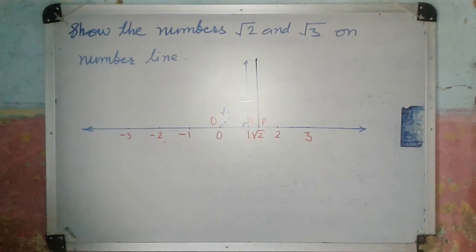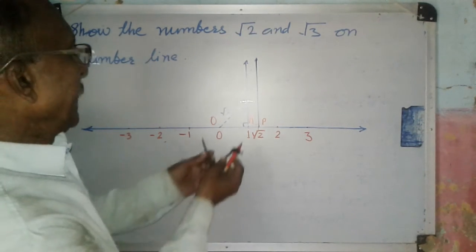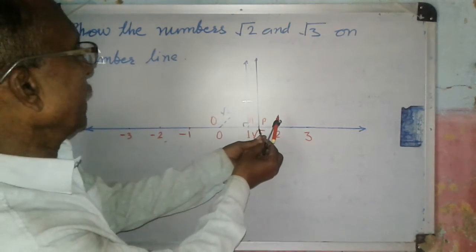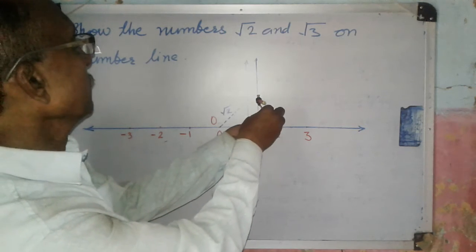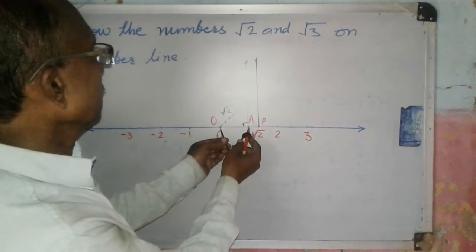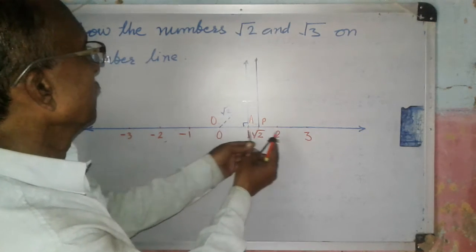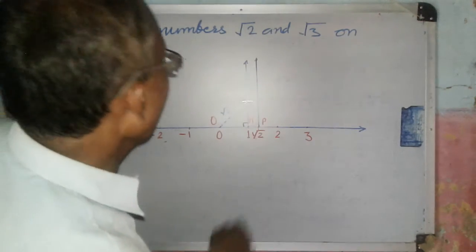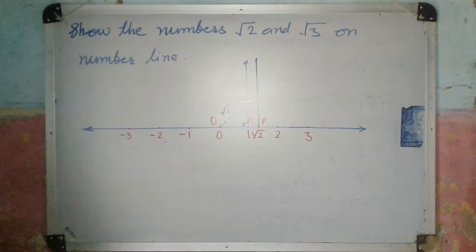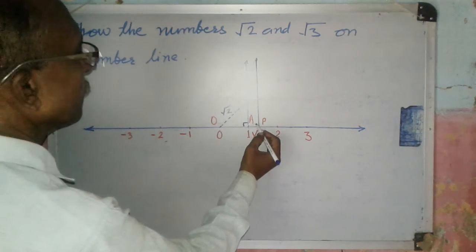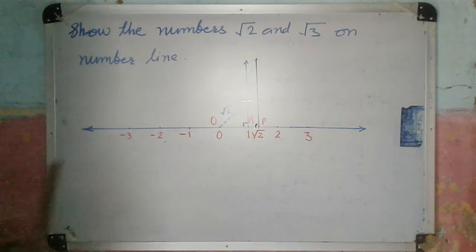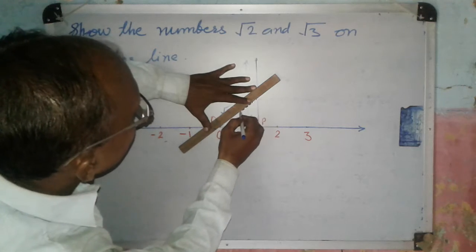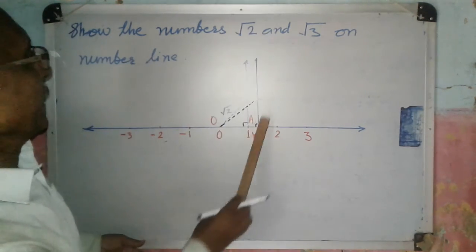Now again take 1 unit distance. Put the compass point on P. Draw an intersecting arc to this perpendicular line. And draw this right angle triangle.